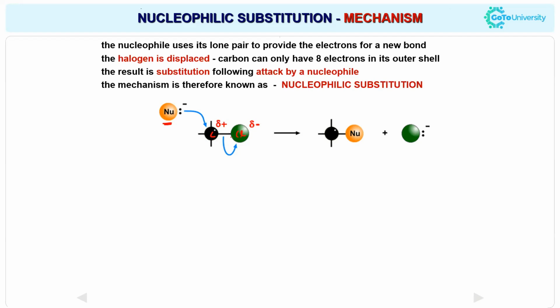Because the C-Cl bond is polar. This nucleophile having the negative charge will attack the carbon, then the Cl bond will break. The chlorine will leave, so chlorine is the leaving group, and the nucleophile forms a new bond with this carbon. This is the leaving group, the chloride ion. This is what happens in a nucleophilic substitution reaction.